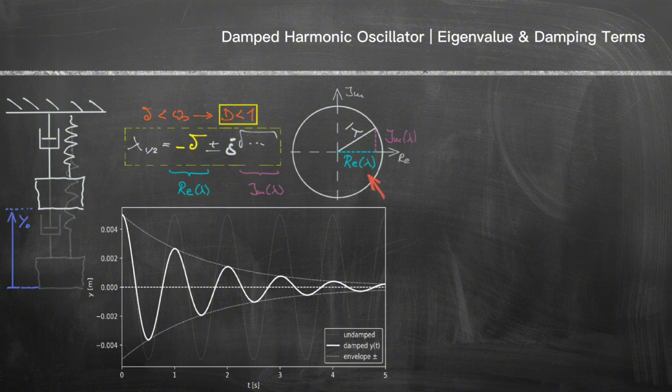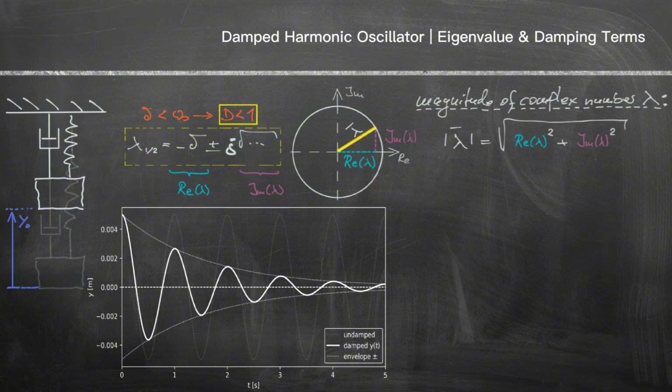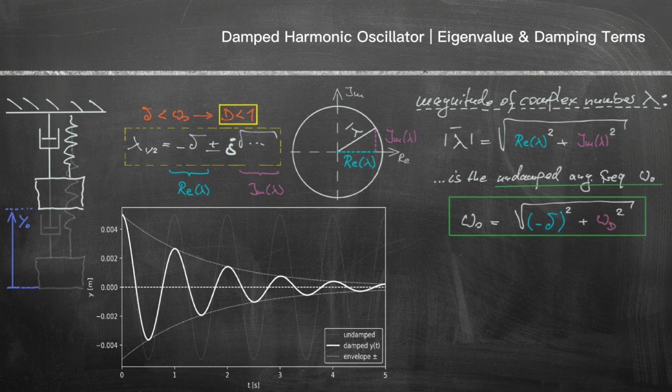The magnitude of the vector lambda is obtained from trigonometry. It is described as the square root of the imaginary part squared plus the real part squared. The magnitude of this eigenvalue thus corresponds to the undamped natural frequency omega 0.